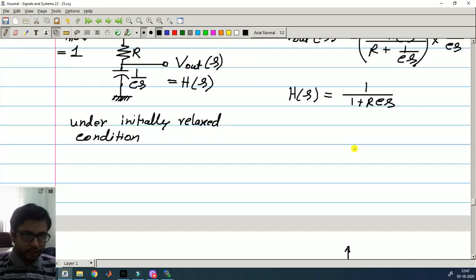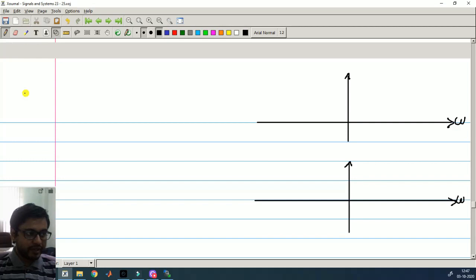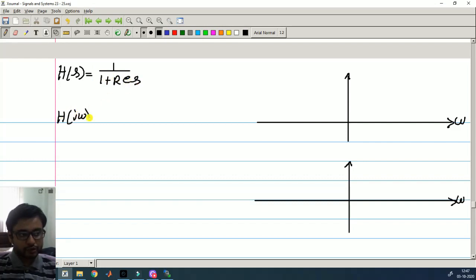So Hs is 1 by 1 plus RCs. That means H j omega, the Fourier transform of the impulse response, is equal to 1 by 1 plus RC j omega.